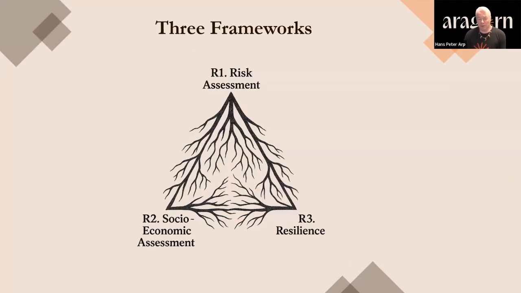I'm just going to present some slides showing you the overall Aragorn approach. The first thing to think about is that we have three interlinked frameworks that we work with when we approach remediation. The first is risk assessment, and here it's particularly chemical risk assessment.